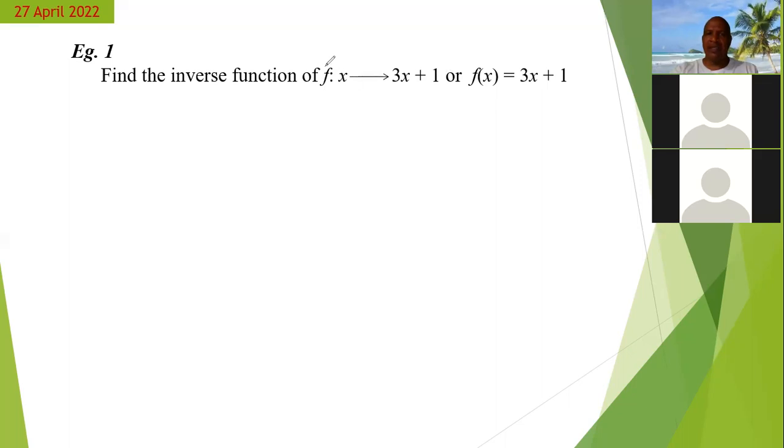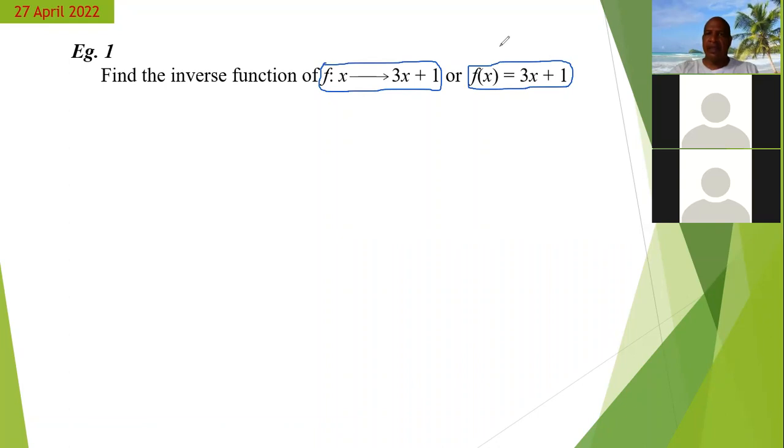Writing it in this symbolic form is really describing the function. So you can describe a function by writing it in this way, or you can describe it by writing it in this way. Both ways are used when we're doing functions. So whichever way it is written, you should be able to identify that you're dealing with functions.